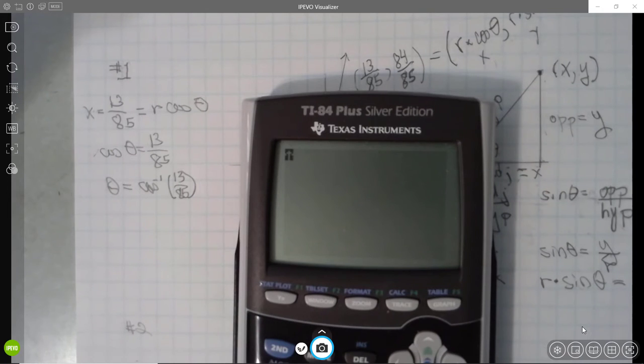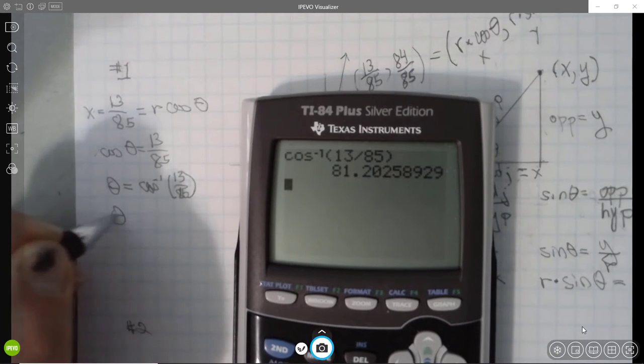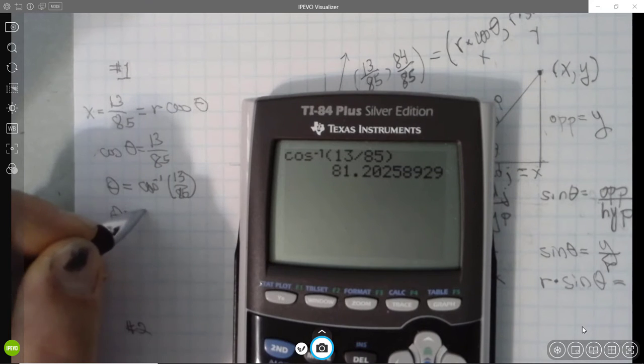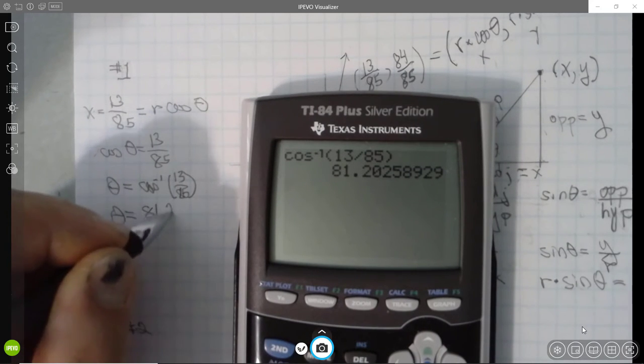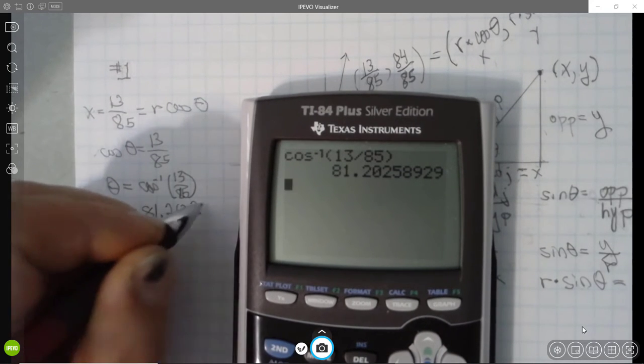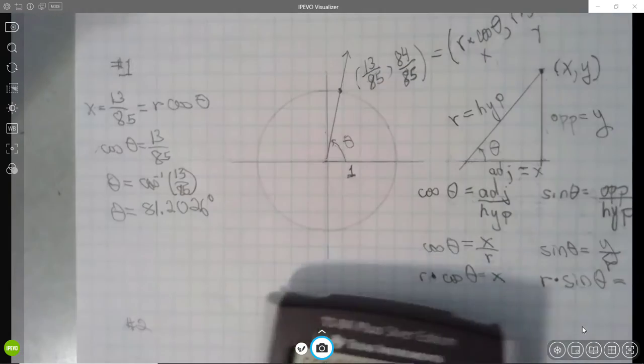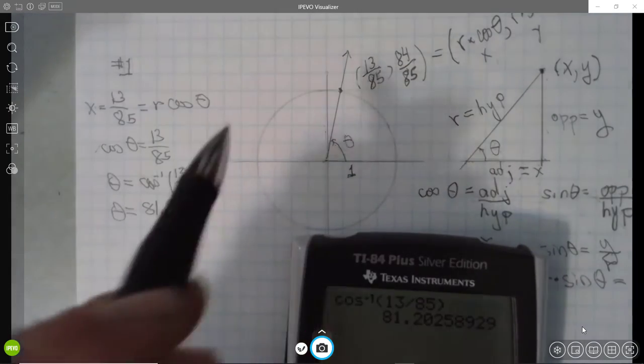I want the inverse cosine of 13 divided by 85. And I get theta is equal to about 81.2026 degrees. Now, if I did it for the sine, it should work the same, right?